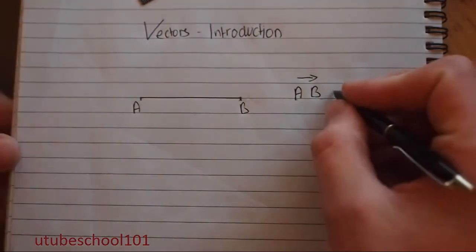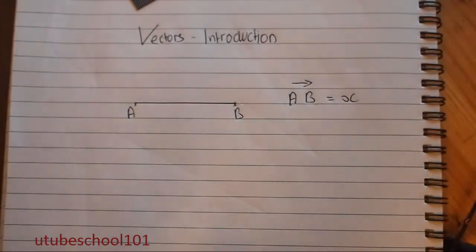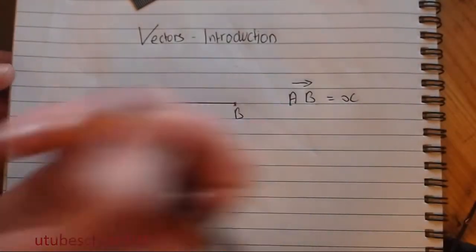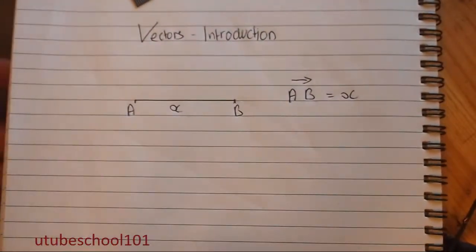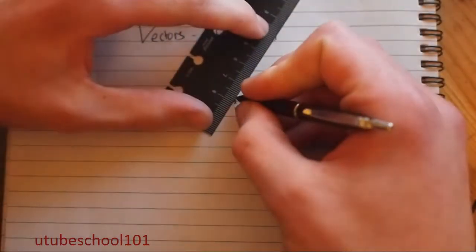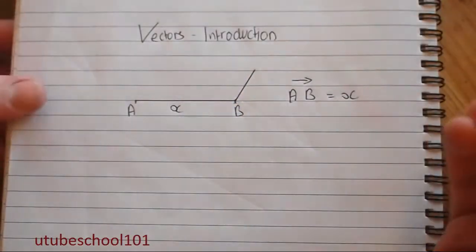And like with most things in maths, you can give it an algebraic way. So you can say AB is X. What that is saying is whenever you're moving from A to B, you can just represent the value as X. Then you can add some extra points in.